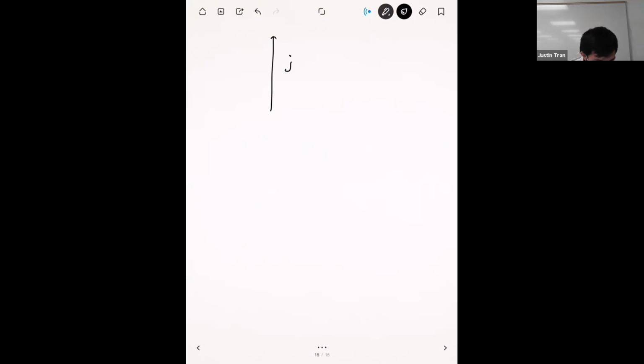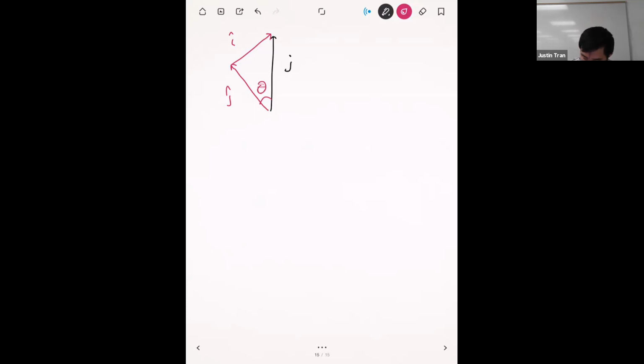Let me draw this in red. The I hat direction goes that way. Then we're also going to break it up into another one, the j hat component, which is that way. The angle that we rotate on is this one right here.